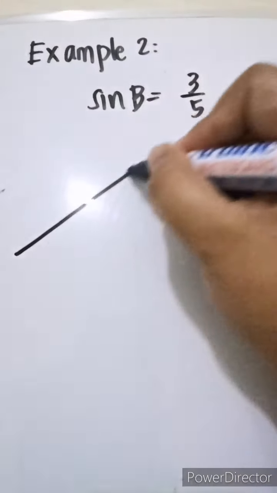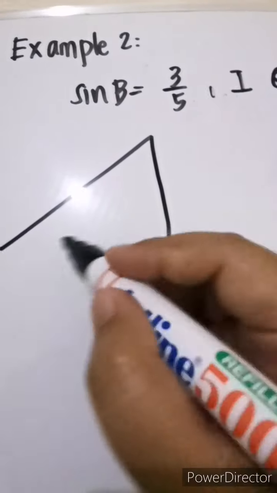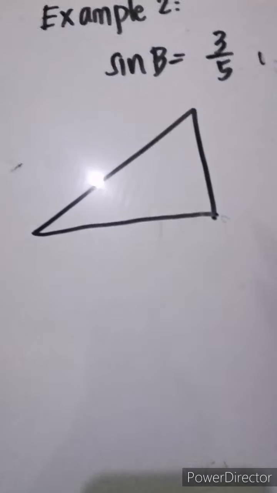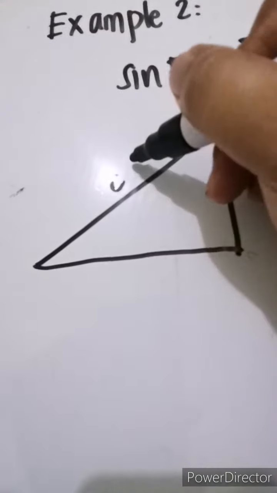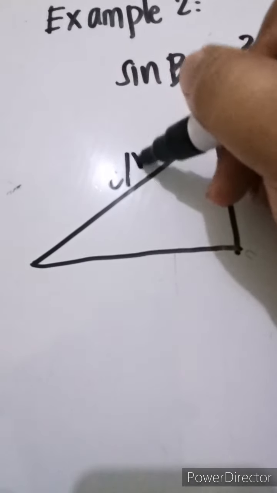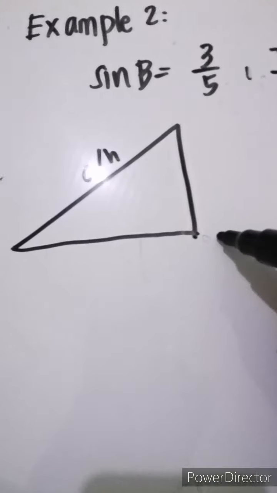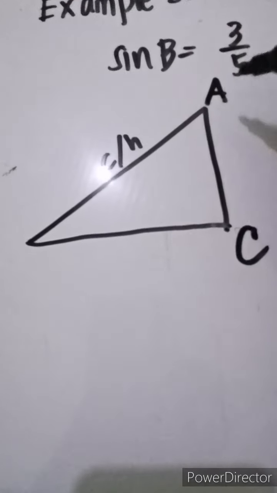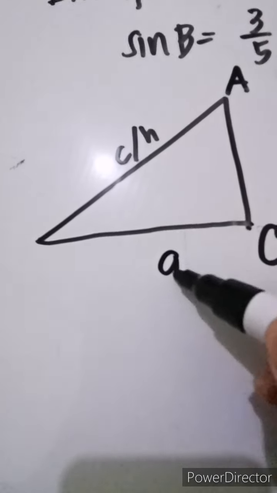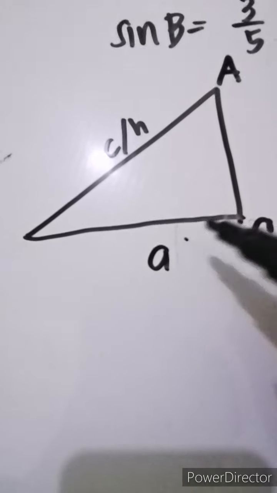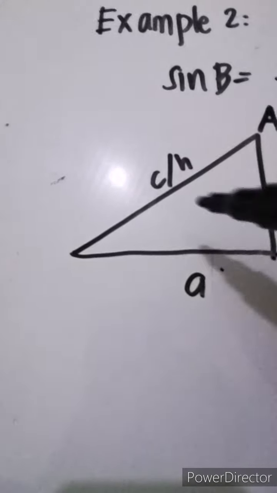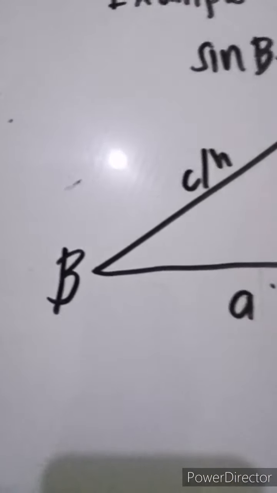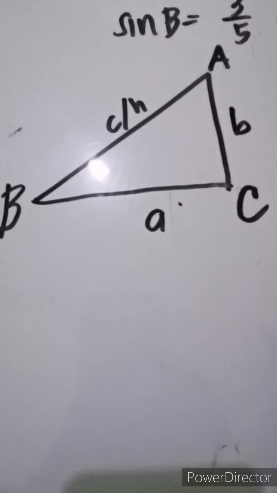So, we have A. So, this is our letter C, the hypotenuse, then this is our capital letter C. This is our capital letter A, and this is our small letter a. Then this is our letter B, and this is our small letter b.